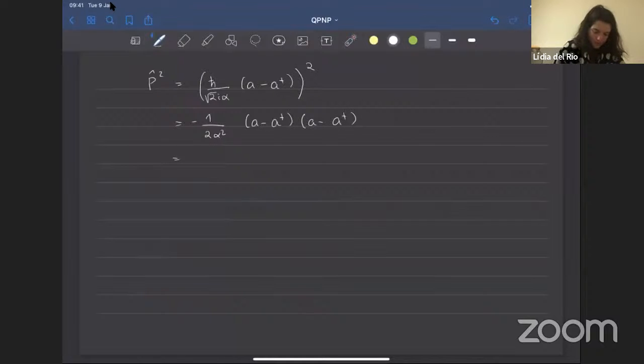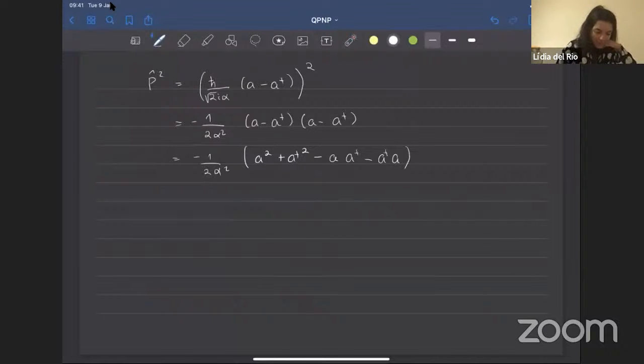So it's minus 1 over 2 alpha squared. And now the first term is A squared. The last term is going to be plus A dagger squared. And then in between we have minus A A dagger minus A dagger A.